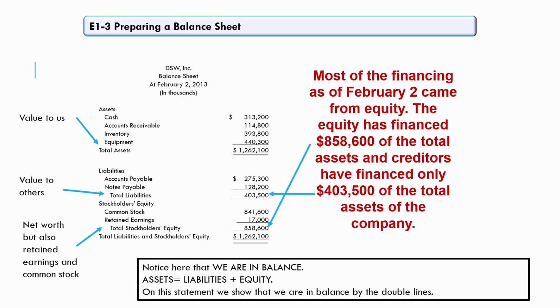And $403,500 is the financing that's coming from our borrowing from others. So the equity has financed $858,600 of total assets, and creditors have only financed $403,500. And notice again this format: assets equal liabilities plus equity.